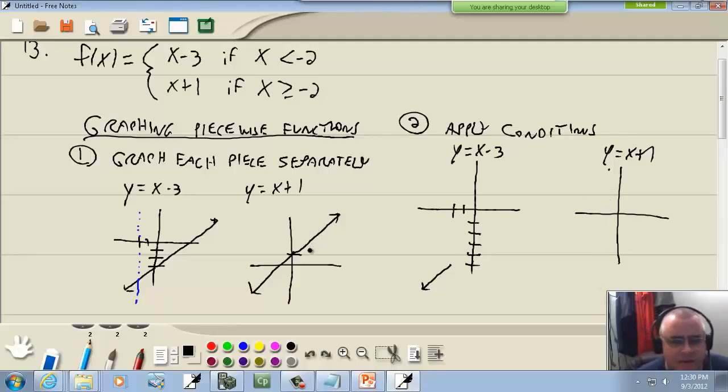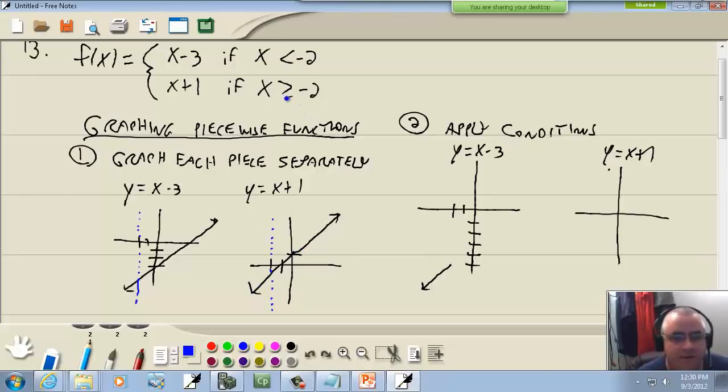Okay, now this other one. This is true when x is greater than or equal to negative 2. So again, same type of thing. I go to where negative 2 is, and there's like an invisible line here. And I'm going to keep either the left side or the right side.